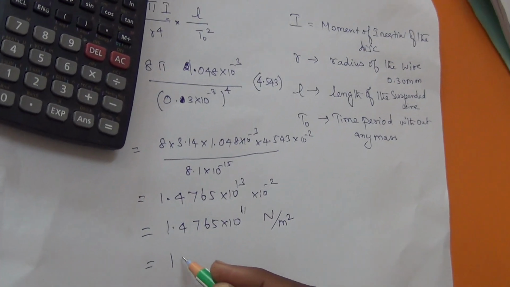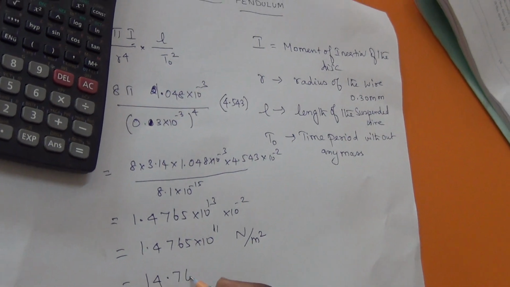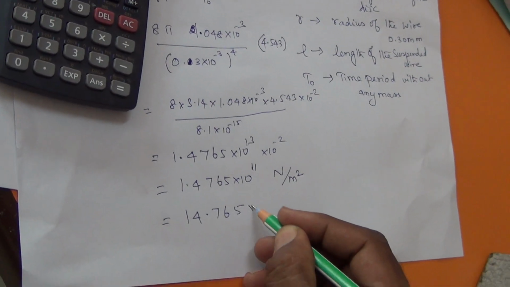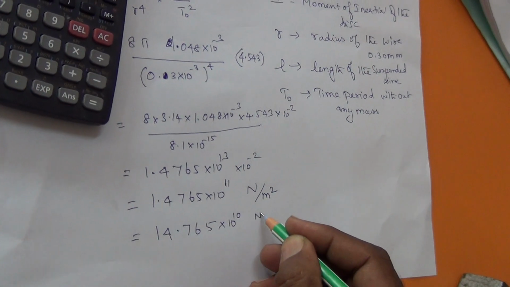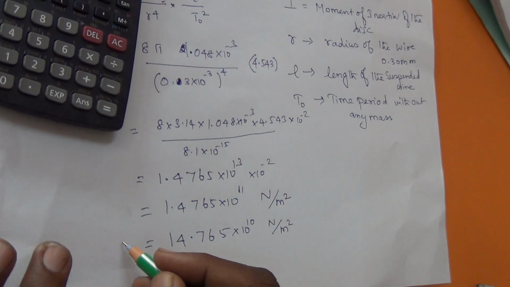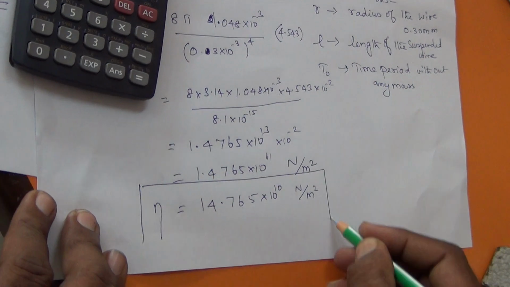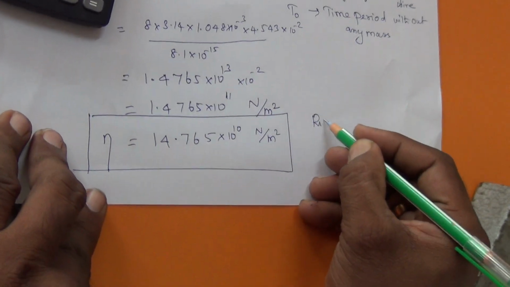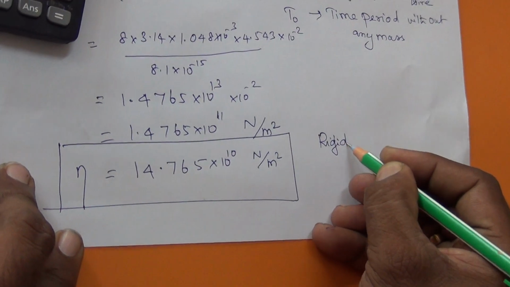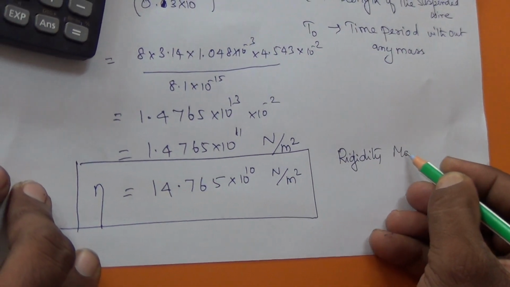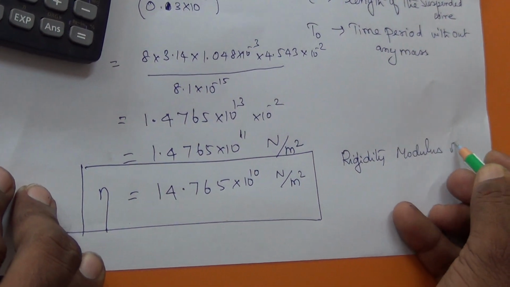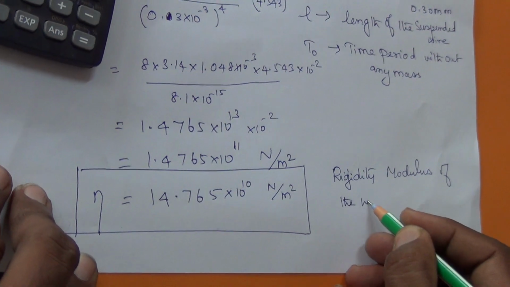So we can simply write it as 14.765 into 10 power 10 Newton per meter square. This is your rigidity modulus of the wire.